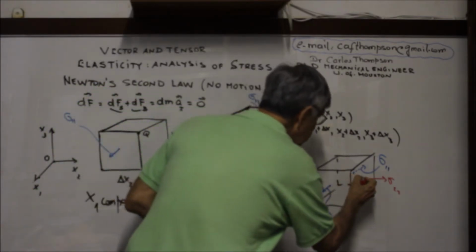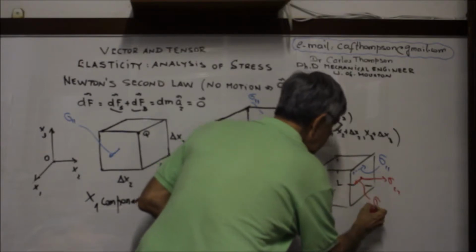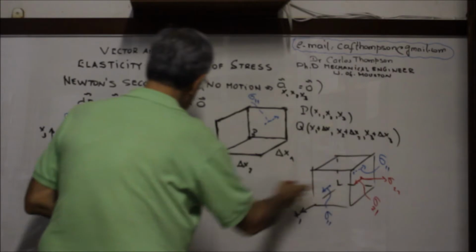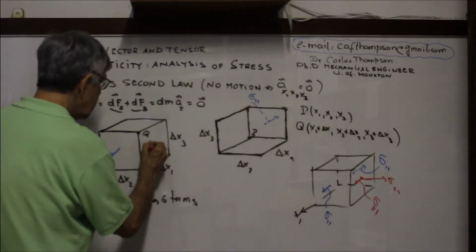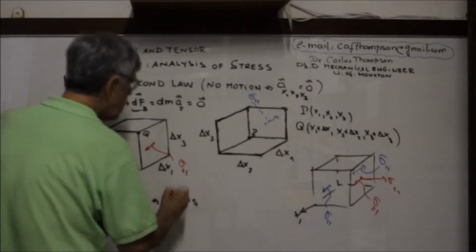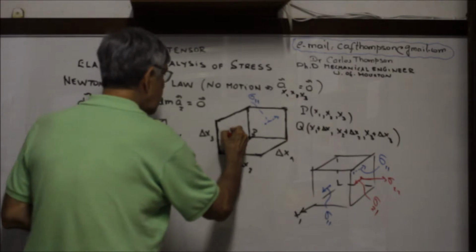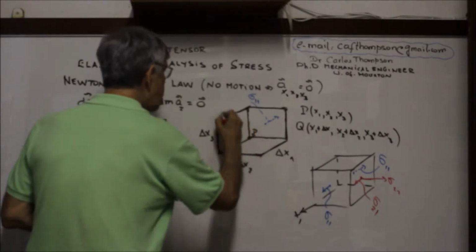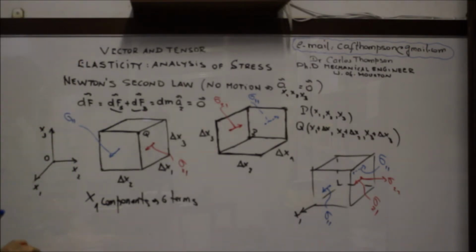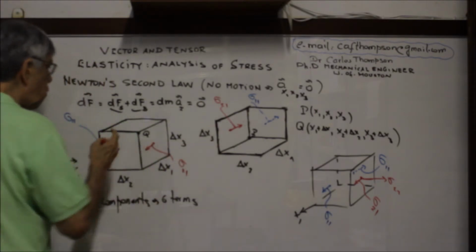Now, it's simple. This will be sigma 2,1 on this front face. Now, on the back surface it's the same, in the opposite direction, sigma 2,1. Now we already have 4: 1, 2, 3, 4.